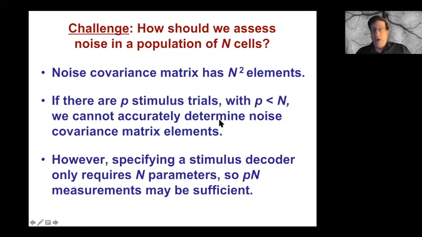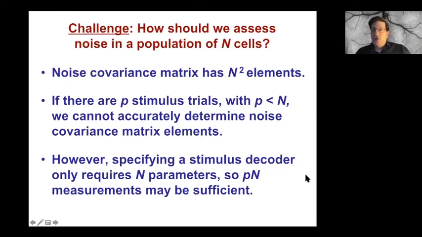However, if we have only p trials in which we present the stimulus to the animal, with pn measurement data, we cannot accurately determine the noise covariance matrix elements if p is much less than n, which was the case in our experiments. We could only have a couple hundred presentations of each stimulus.